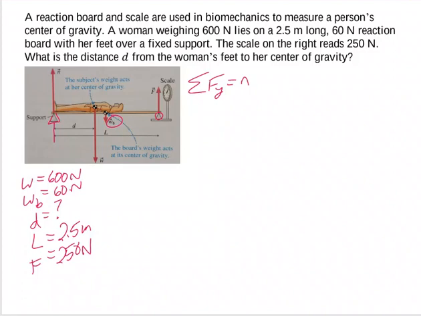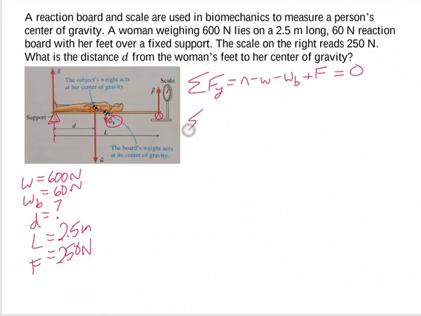We have the weight down, so that's minus W. But we also have the weight of the board down, so minus WB. And then we have the force up, so that's plus F. It's going to equal 0. We're not moving. We're not accelerating, I should say.